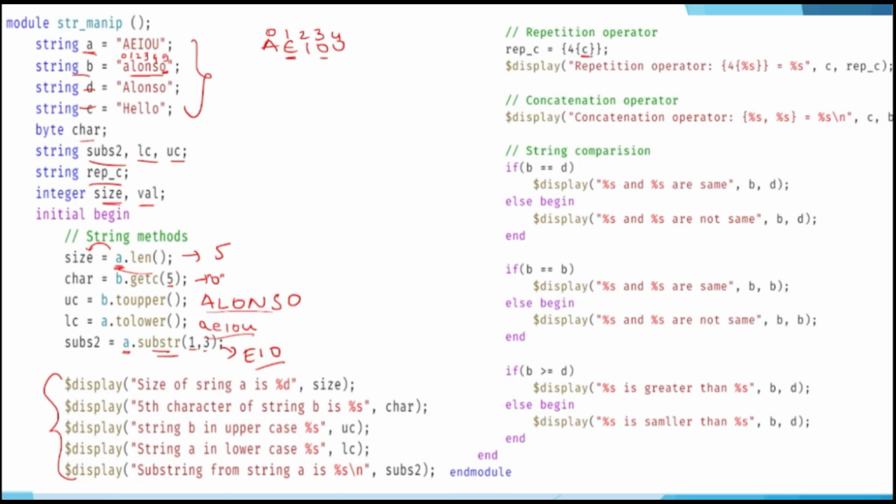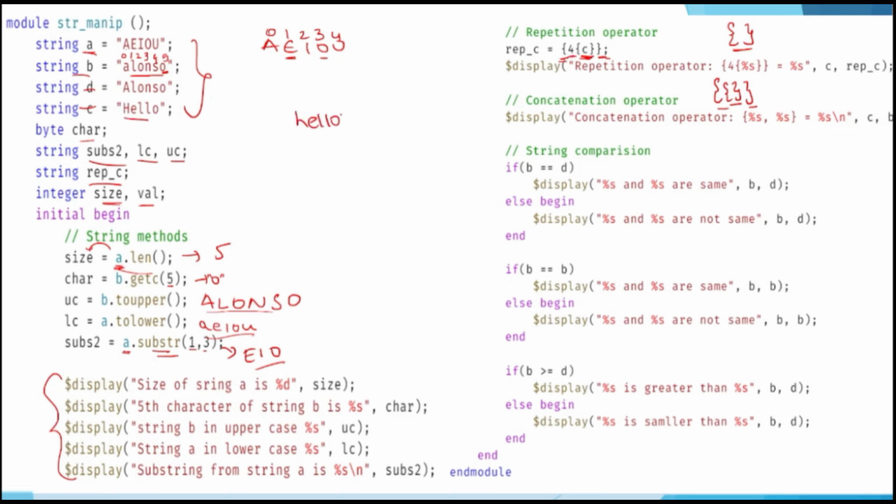Now, if you see, this is my replication operator. You know that if you use only a single curly bracket, then it is concatenation. If you are using a double curly bracket, then it is replication. So I'm using my replication operator. What do I want to replicate? I want to replicate what is there in my C four times. What is there in my C? Hello.